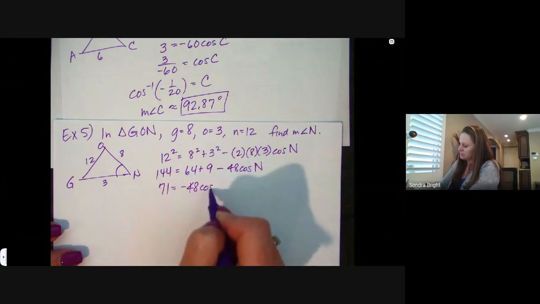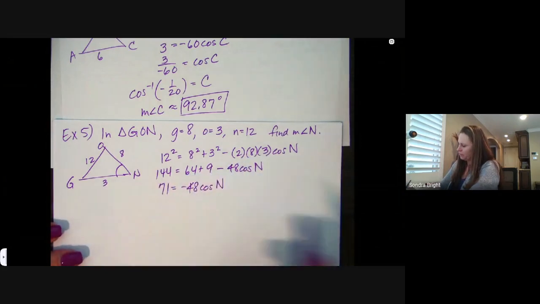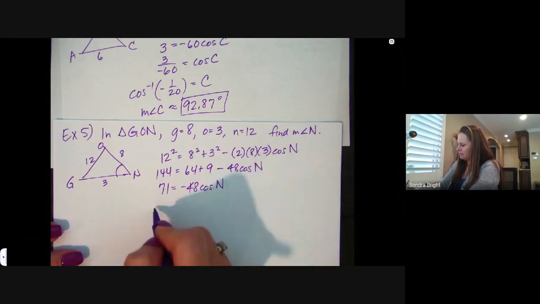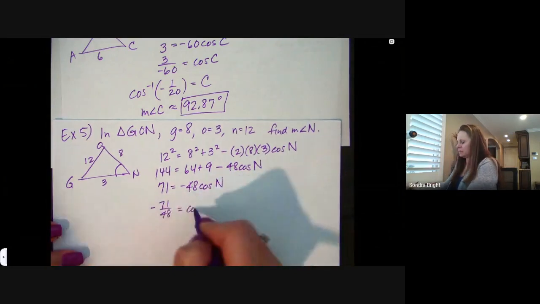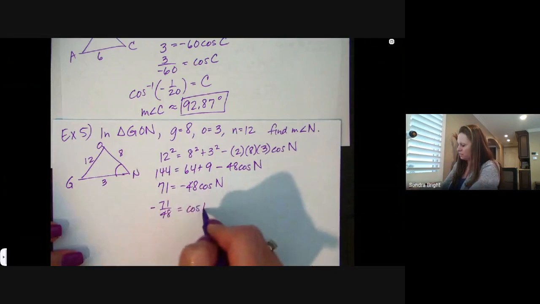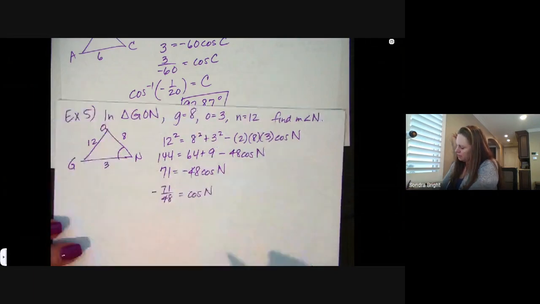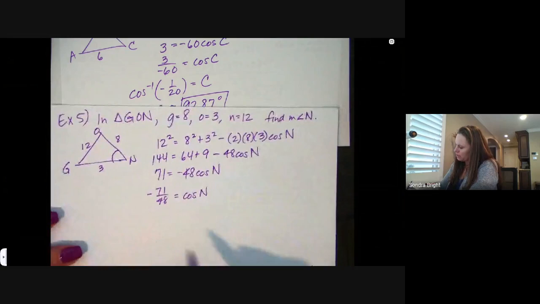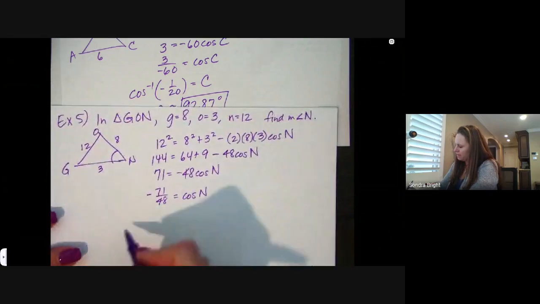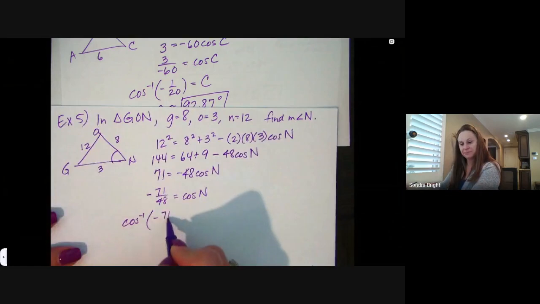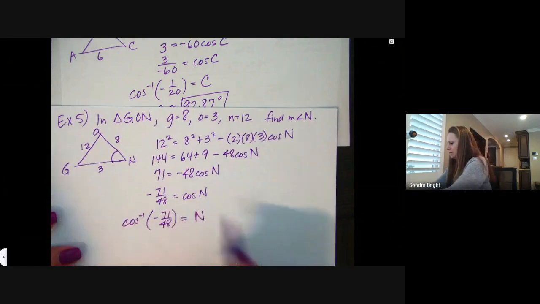Dividing both sides by negative 48, we'll get that cosine of n is equal to negative 71 over 48. And doing the inverse cosine of that will give me angle n.